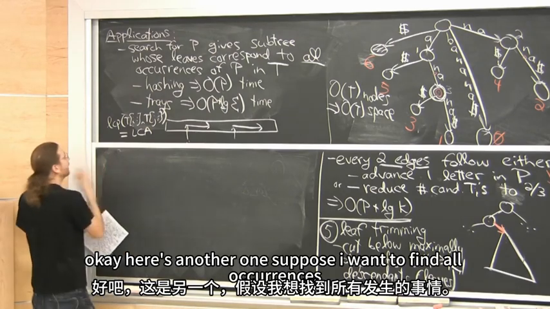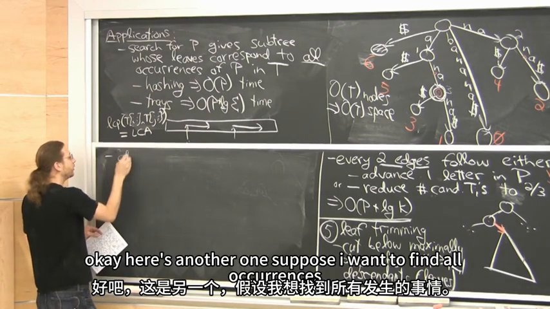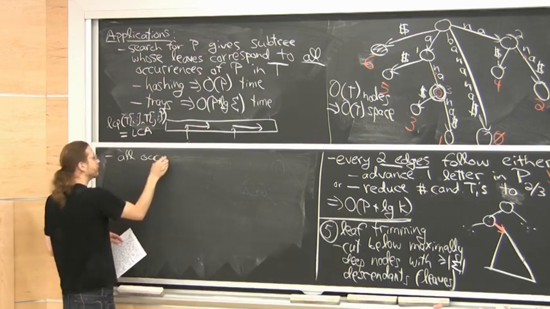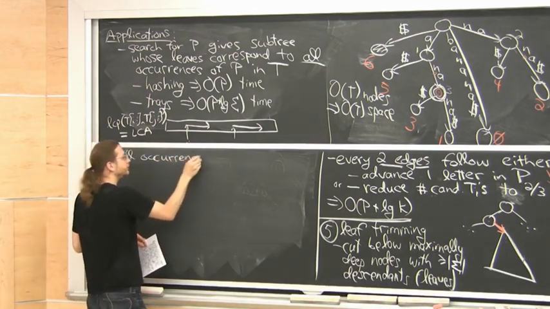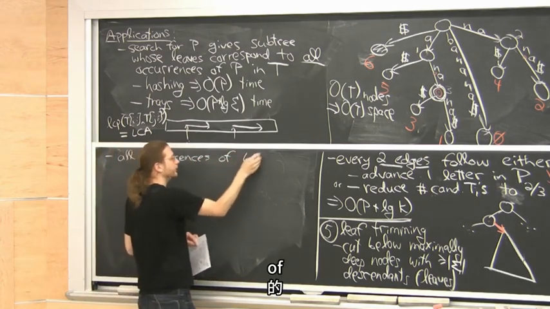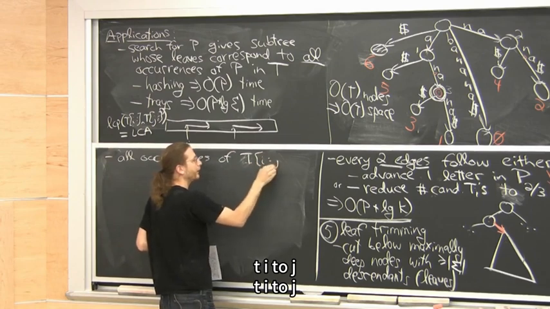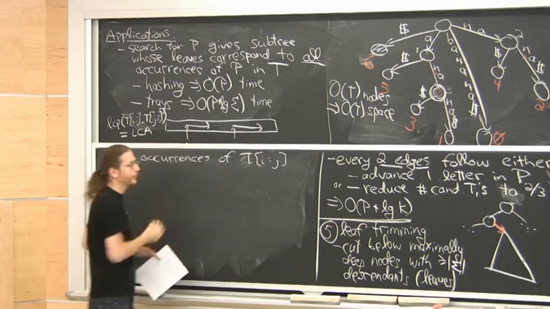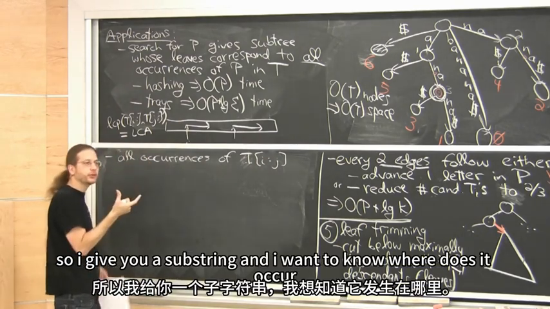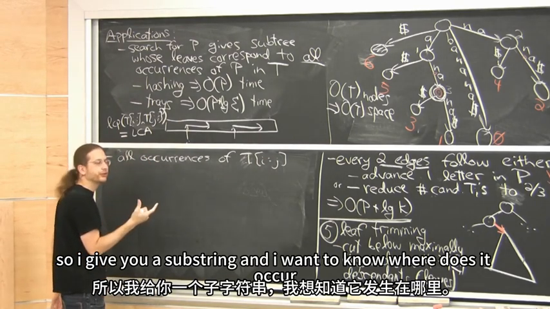Okay, here's another one. Suppose I want to find all occurrences of T[i..j]. So I give you a substring, and I want to know where does it occur.